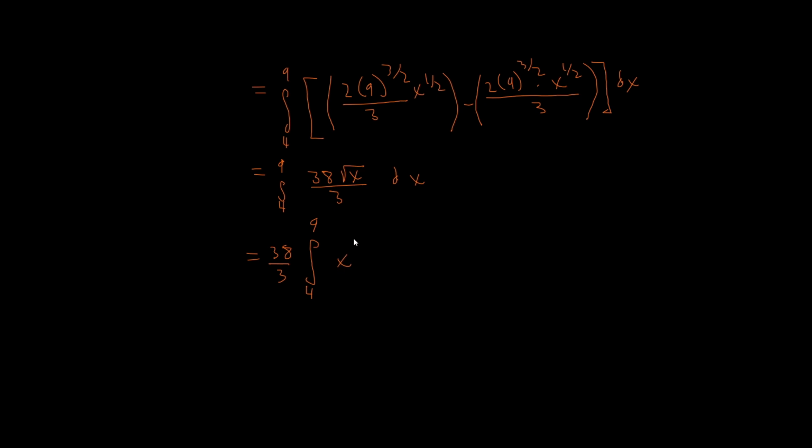I'll rewrite it as an exponent, it's just so much easier. x to the 1/2 plus 1 is x to the 3/2. Remember, we bring it to the denominator. When you simplify this, you get 2 over 3.